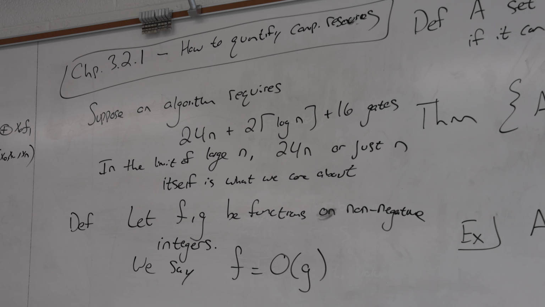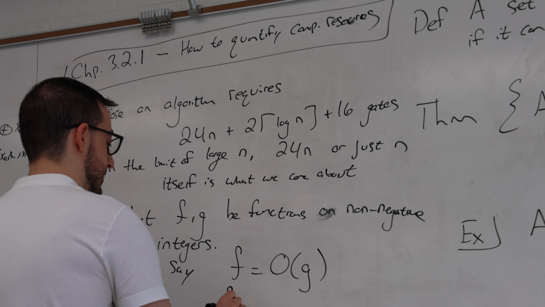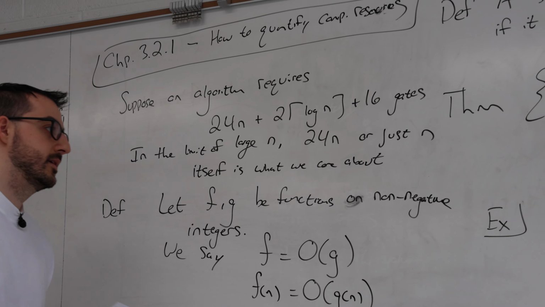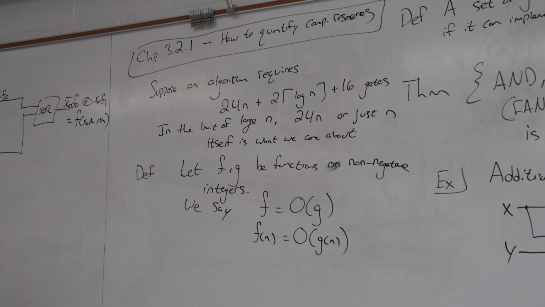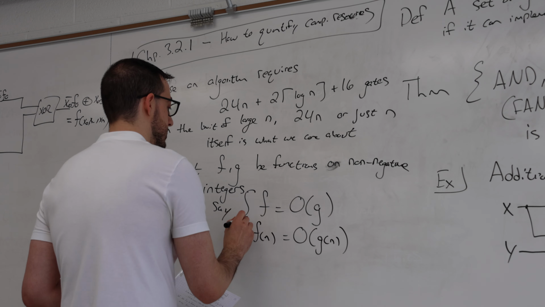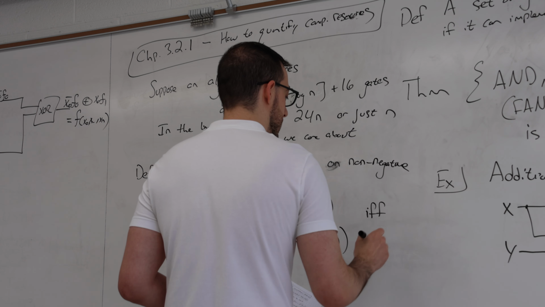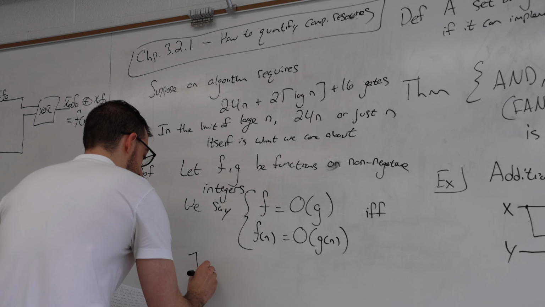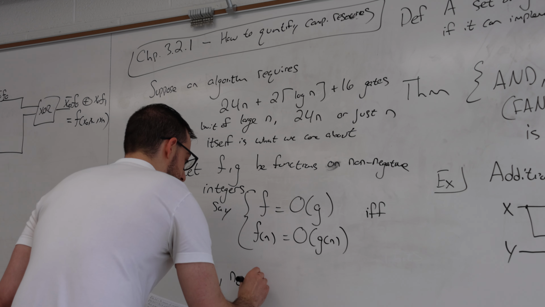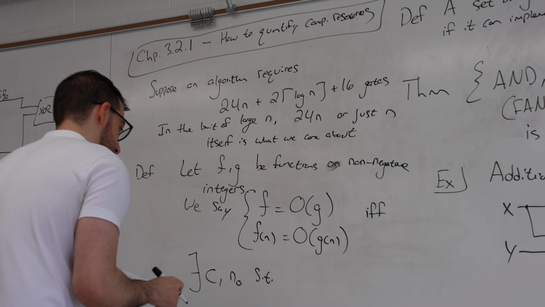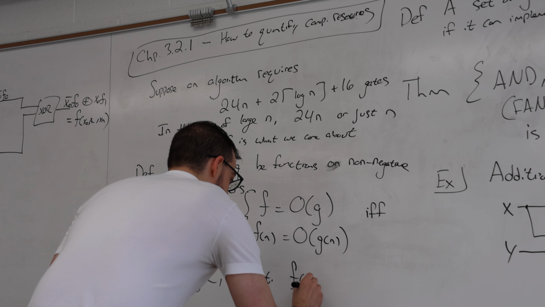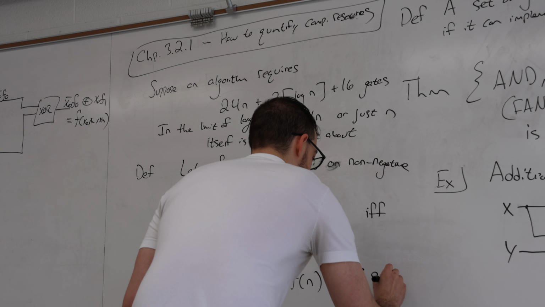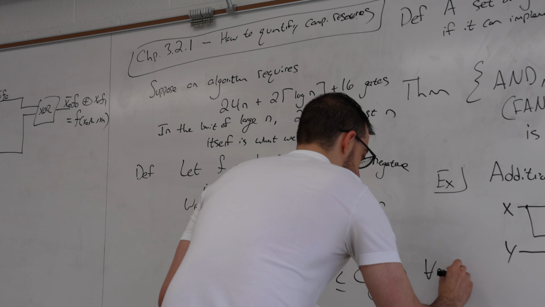You could also write f of n is big O of g of n for the input non-negative integer n, if and only if there exists some constant c and some n0 such that f of n is less than or equal to this constant c times g of n for all n greater than n0.